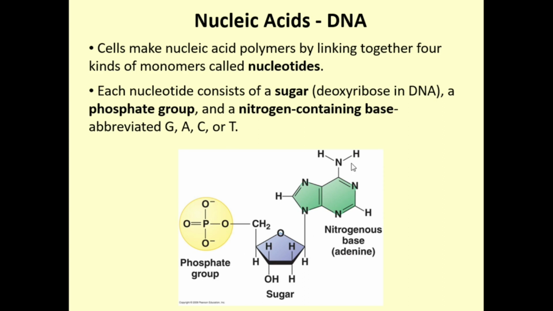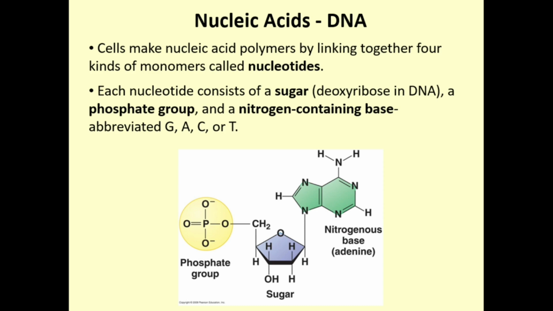This itself makes up one single nucleotide, and this one nucleotide is a monomer. We are going to join these together over and over again to make a single strand of DNA. Then we take a second strand of DNA and join the two together to make our DNA double helix.